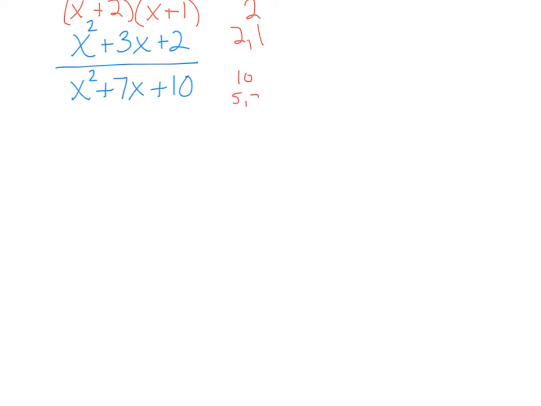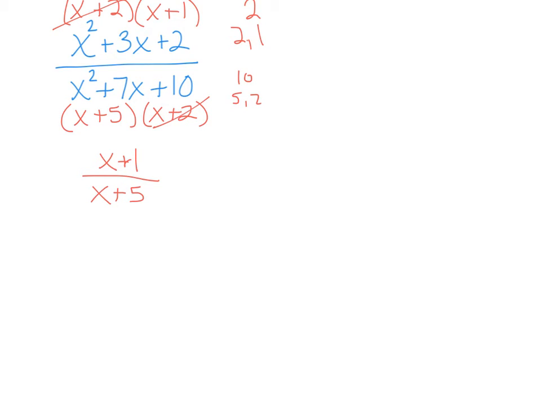That's 5 and 2. So then we've got x plus 5 times x plus 2. Those x plus 2's cancel, and we're left with x plus 1 over x plus 5.